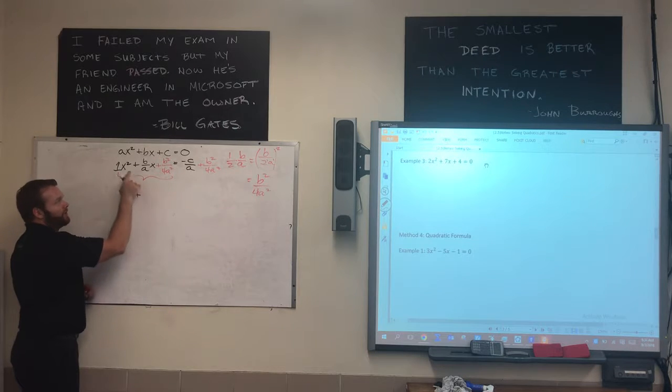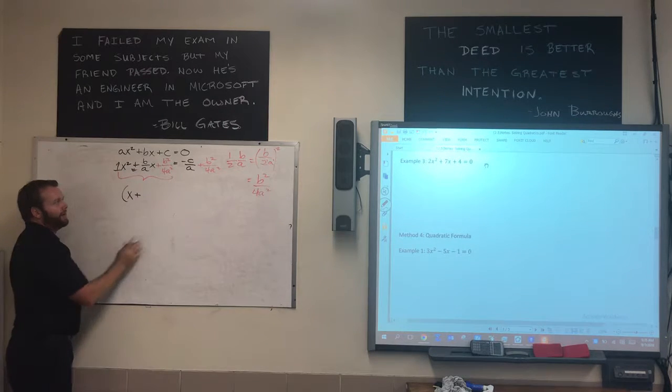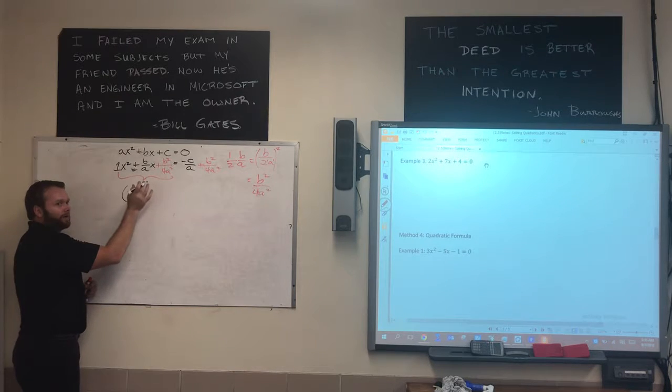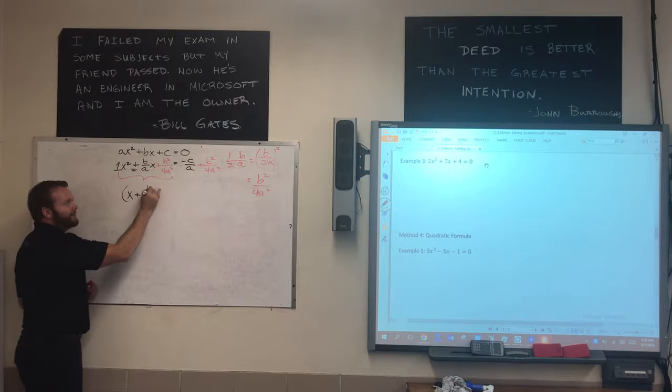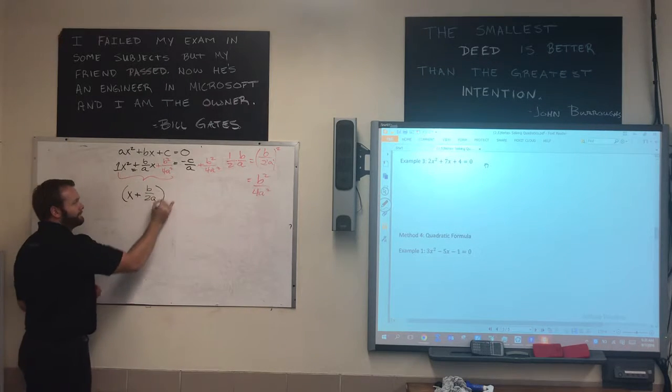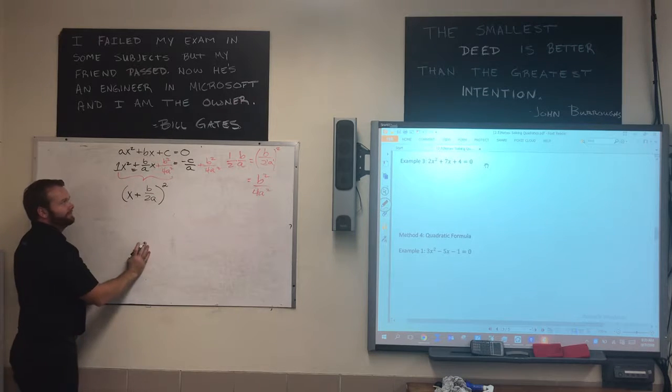This sign here is always whatever that sign right there is. And then the object that goes here, remember, is the term that was in the middle after you took half of it. So B over A, and I take half of it, that gave me B over 2A, right? Okay? And we'll square that.